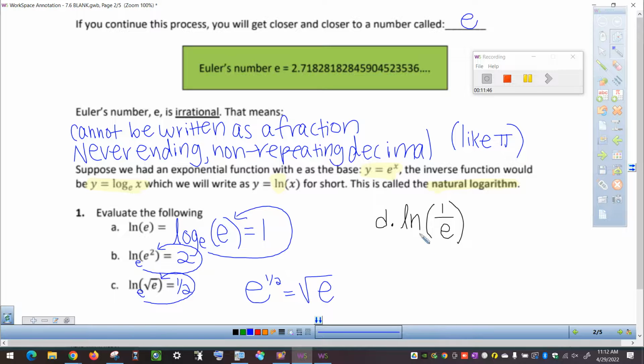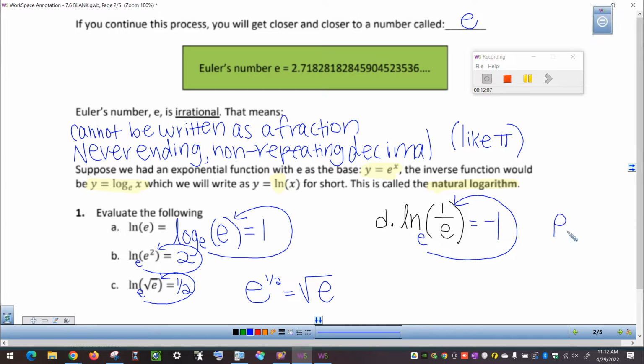So if we want to turn this into a fraction, we have to raise it up to a negative exponent. So this one is equal to -1 because e to the power of -1 is the same thing as 1 over e to the positive 1. So I just want to put in a little reminder there about dealing with a negative exponent.